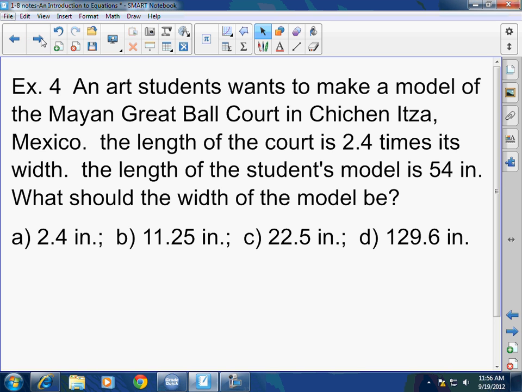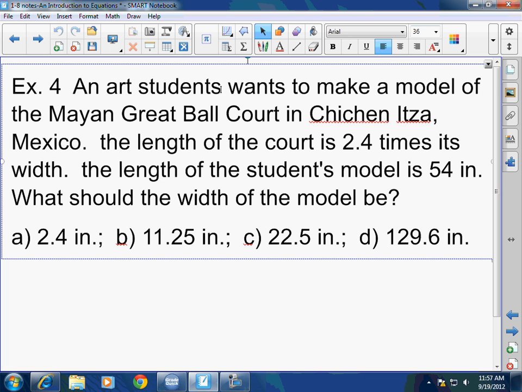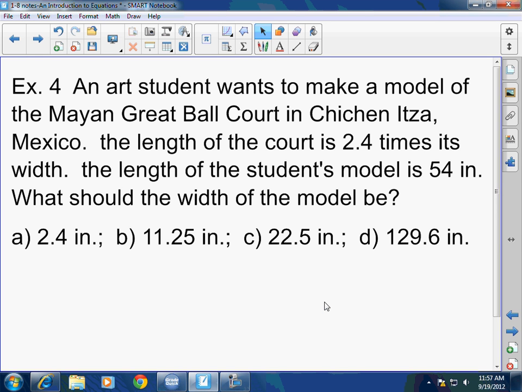That should be an art student. Sorry about that. An art student wants to make a model of the Mayan Great Ball Court in Chichen Itza, Mexico. The length of the court is 2.4 times its width. The length of the student's model is 54 inches. What should the width of the model be?